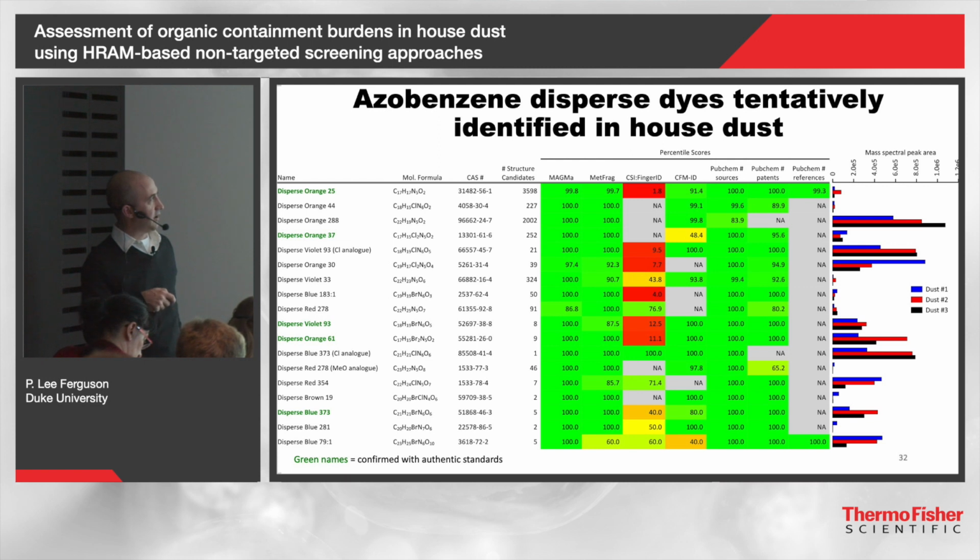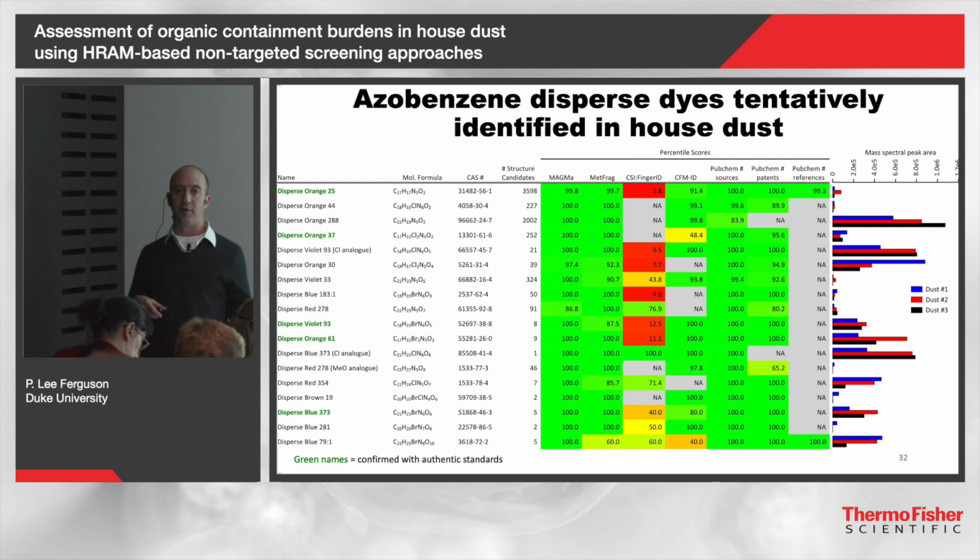You can see that CSI:FingerID didn't do so well. So why is that fragmenter underperforming for this particular set of compounds? The reason is that it's a machine learning based tool, and it was never trained on this kind of compound. These fragmenters do only as well as the data that was used to train them. This is also why it's a good idea to use more than one.